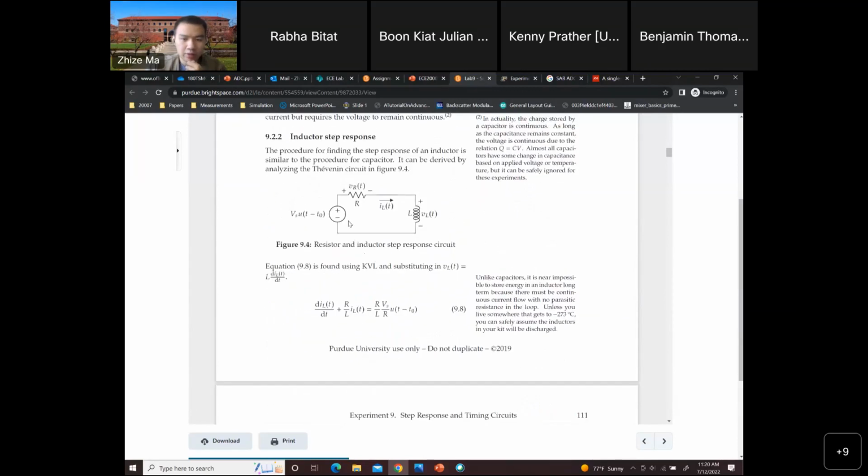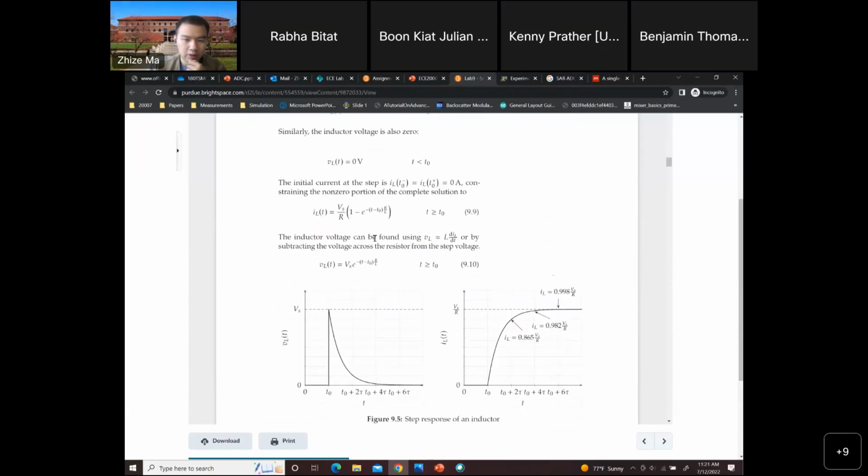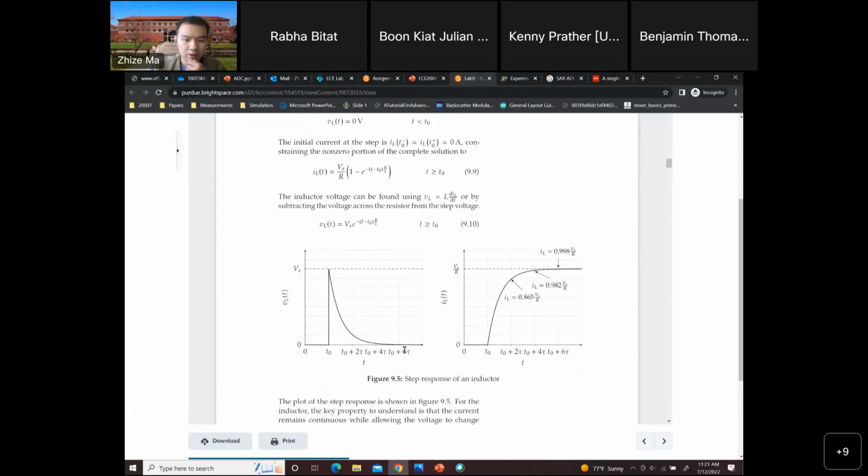Then for the RL circuit, the circuit looks like this, and here is the current equation for the RL circuit. Inversely, the voltage across the inductor in the RL circuit decreases when the inductor starts charging, and the current starts to increase.